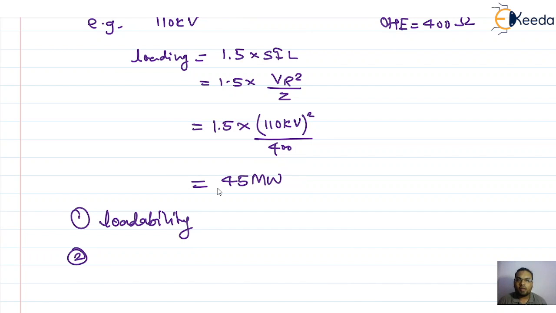If we know the loading and we know the impedance, we can decide at what value of voltage we can go for this loading of the transmission line. So it is for the power engineers to decide at what voltage level they want to load that particular line. This we can do with the help of surge impedance loading.